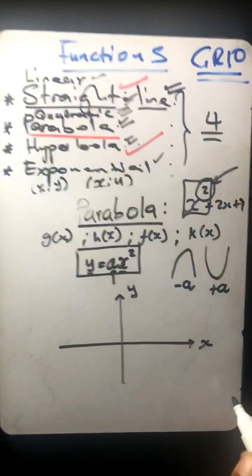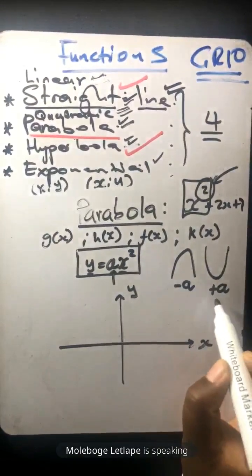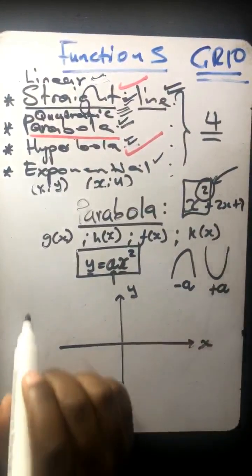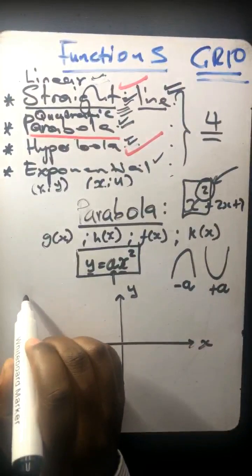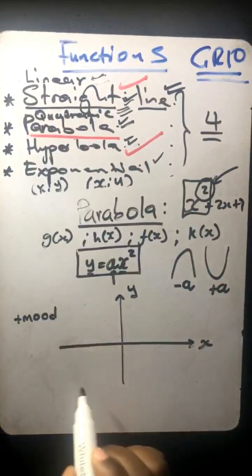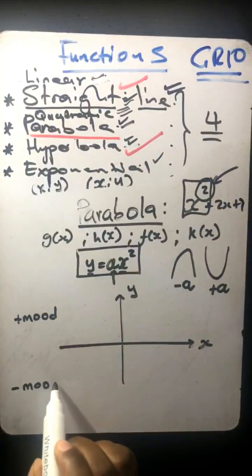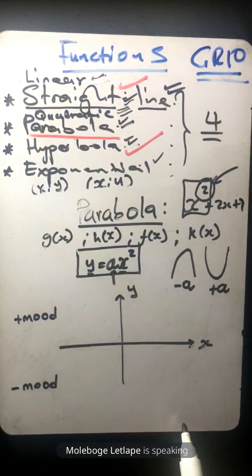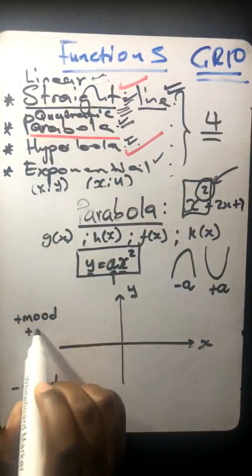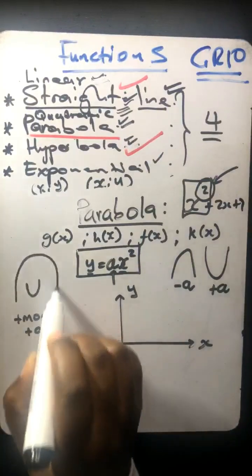Moleboge, let's talk again, honorable member. Sometimes it might not be easy to remember which shape, but would you agree with me that if your mood is positive, you'll be smiling, and if your mood is negative, you'll be sad, isn't it? So that is why we say if A is positive, you are going to have a smiling shape.